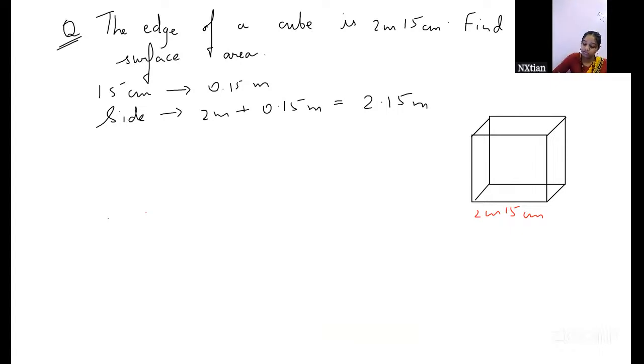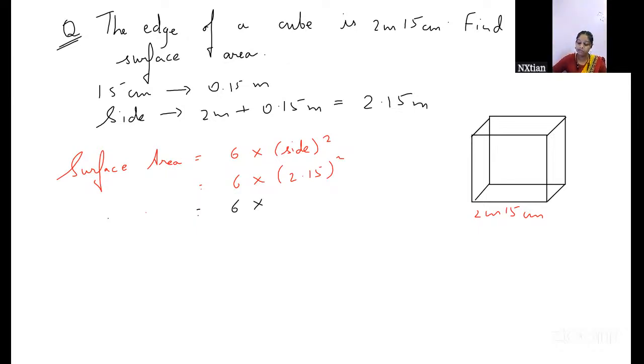Now surface area becomes 6 into side square. So 6 into the square of 2.15. We will do 2.15 into 2.15, we will get 4.6225.